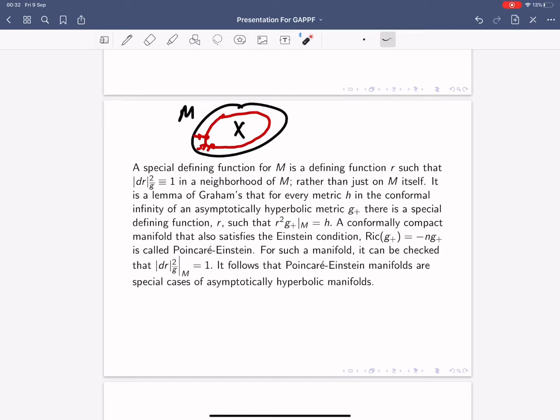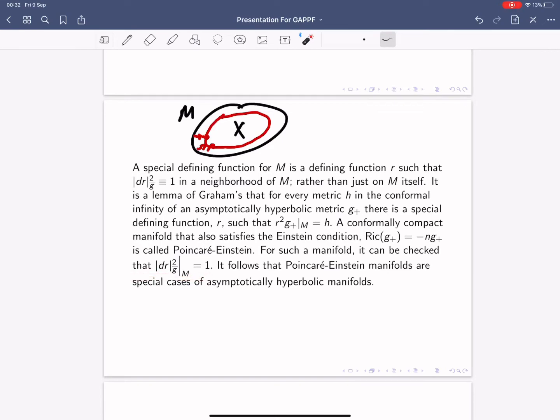So a conformally compact manifold that also satisfies this particular Einstein condition, this is one we talked about in the last lecture, is called Poincare-Einstein. So it's a Poincare metric for your boundary metric. For such a manifold, it can be checked that this will be equal to 1.